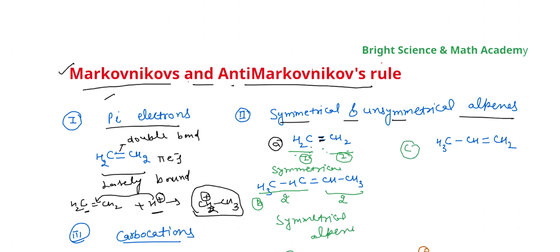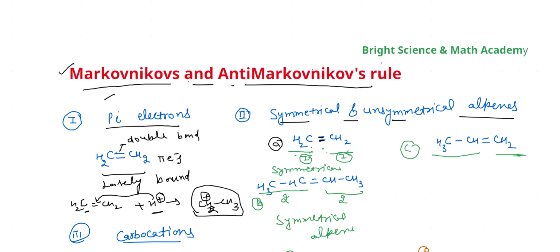In this case, there are two carbons on the left side of the double bond and one carbon on the right-hand side of the double bond. So the number of carbons is different on the left side and the right-hand side of the double bond.